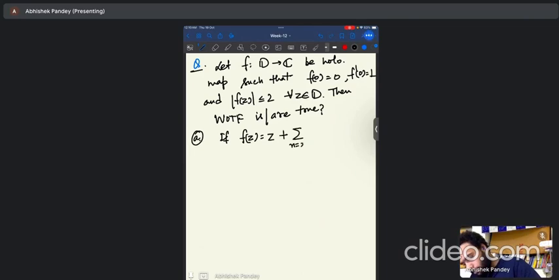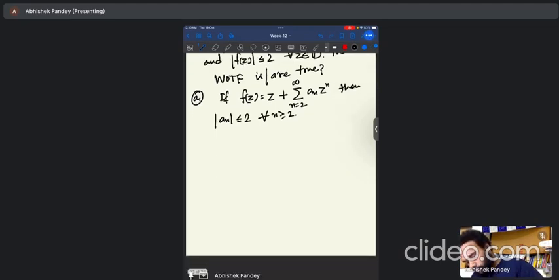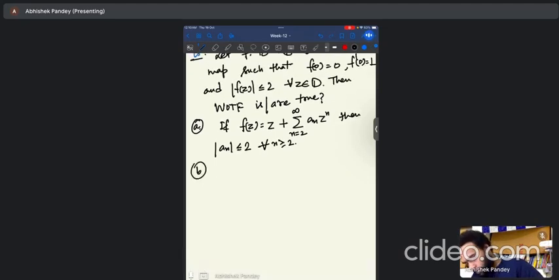Option A: if f(z) is z plus the summation n equals 2 to infinity a_n z to the power n, then mod a_n is less than or equal to 2 for every n greater than or equal to 2. Option B: mod f(z) is greater than or equal to 1 by 12 for every z belonging to C, where C is a curve such that mod z is 1 by 4.